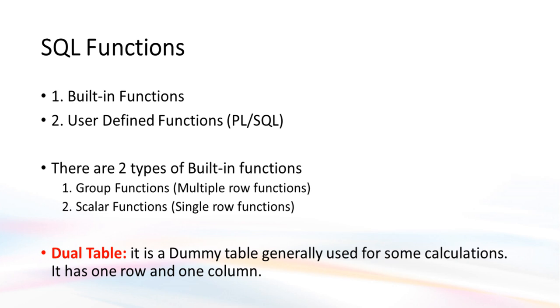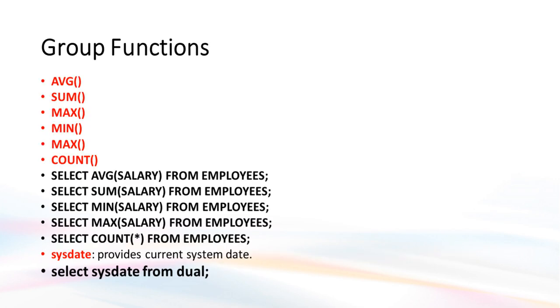Now let us see what are all the different functions we have. First, let us discuss the group functions, because from an ETL testing point of view, group functions are very important for us. There are n number of functions, but I'm not covering all of them because it will take a lot of time. I'll cover the important functions required for ETL testing.